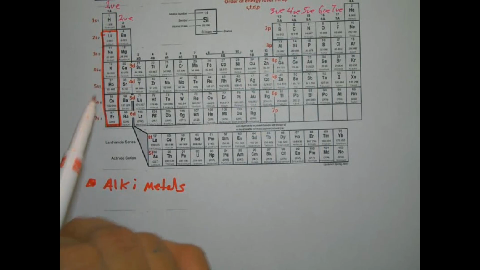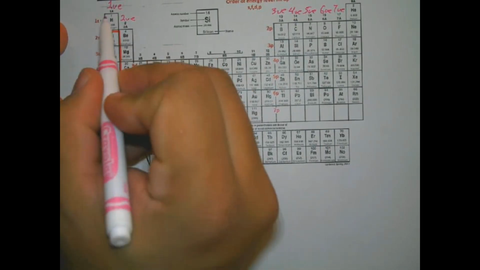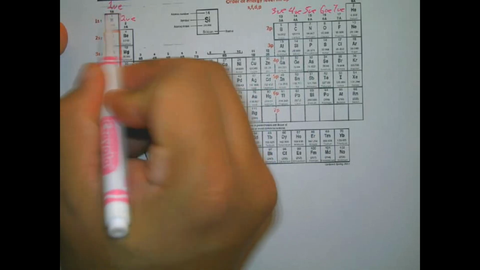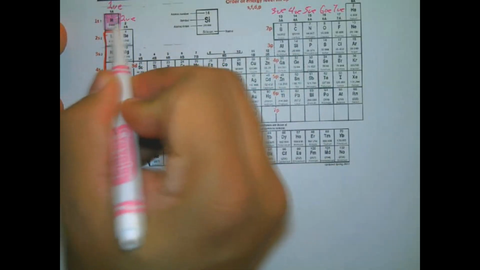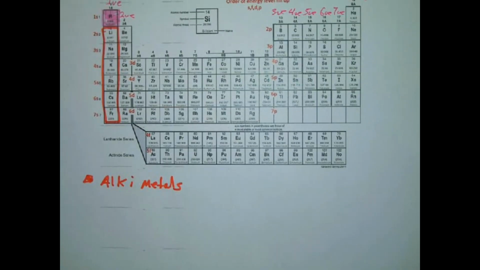Now you notice I didn't circle hydrogen here. Hydrogen's special. He has 1 valence electron, but remember, he's only in the first energy level. Remember, the first energy level can only hold 2 electrons. Let me write that up here.